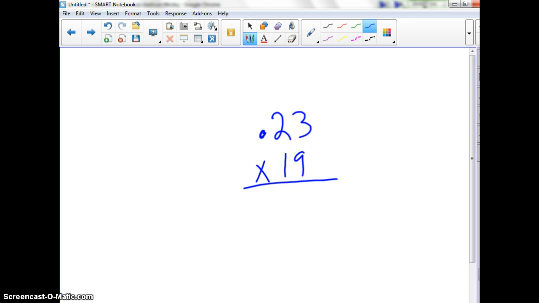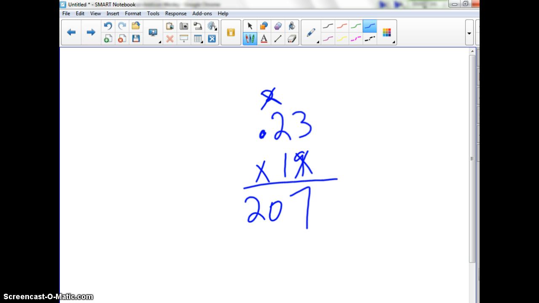All right, Caden's going to talk me through this one nice and loud. Nine times 3 is 27. Plus 2 more is 29, okay? Now we're done with the 9, done with the 2.